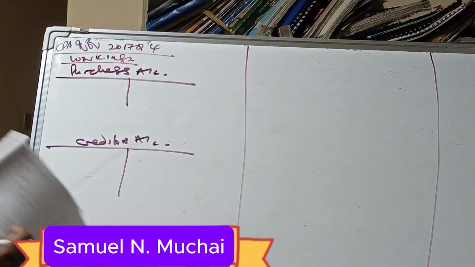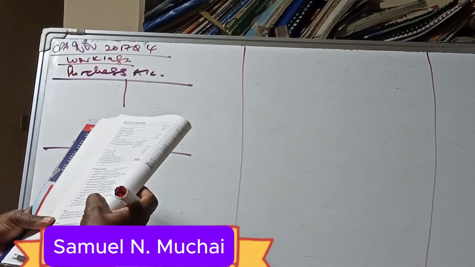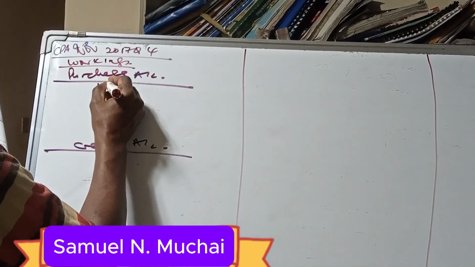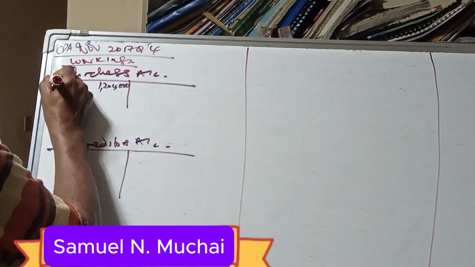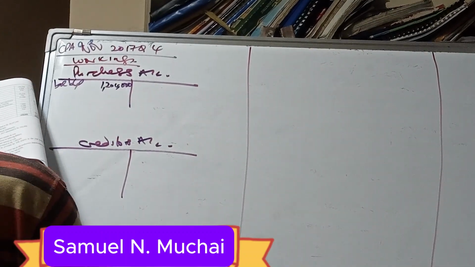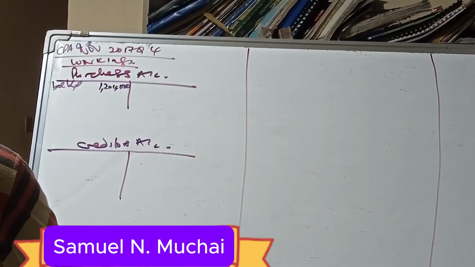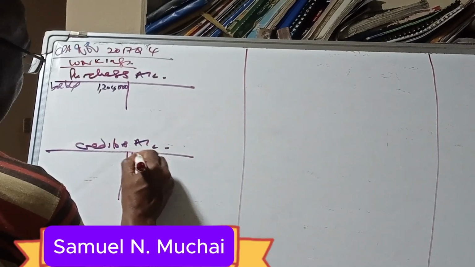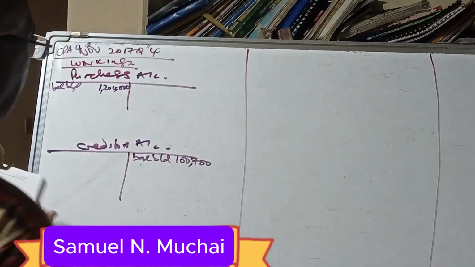So if we get our purchases, you see from the trial balance it is 1,204,000, balance brought down. And the creditors, our accounts payable, balance brought down, it is 700.